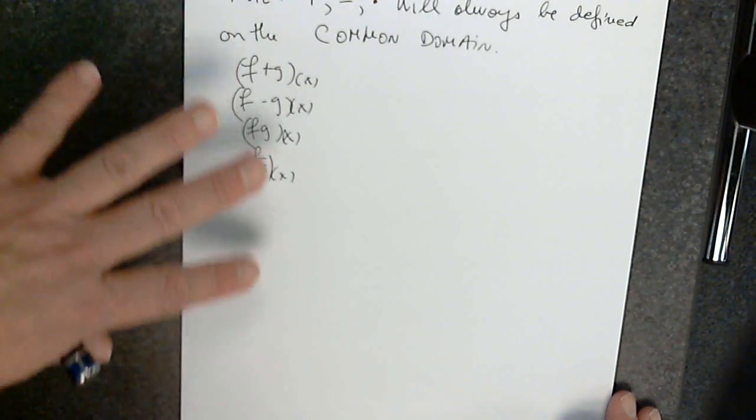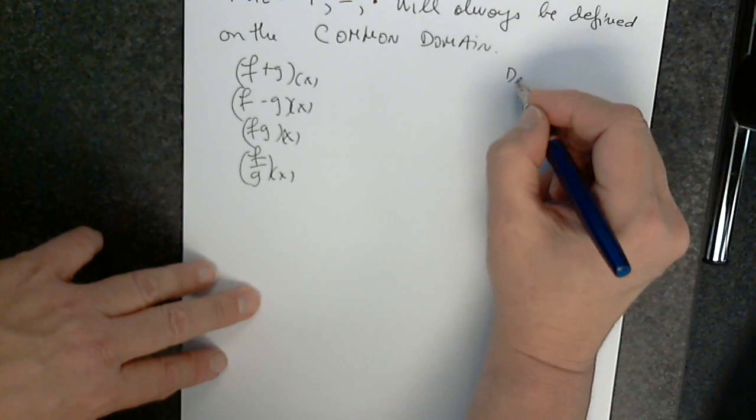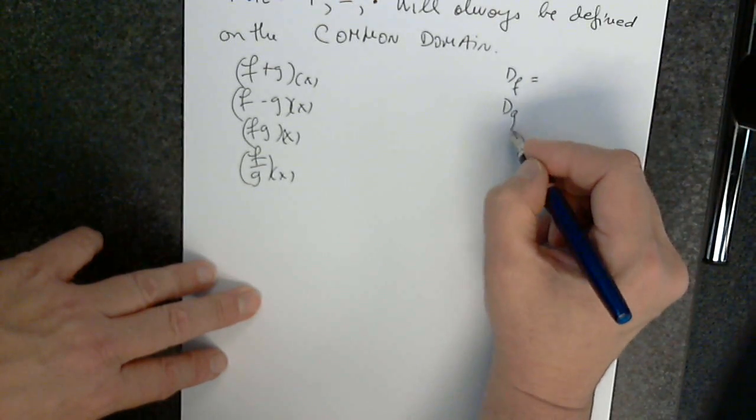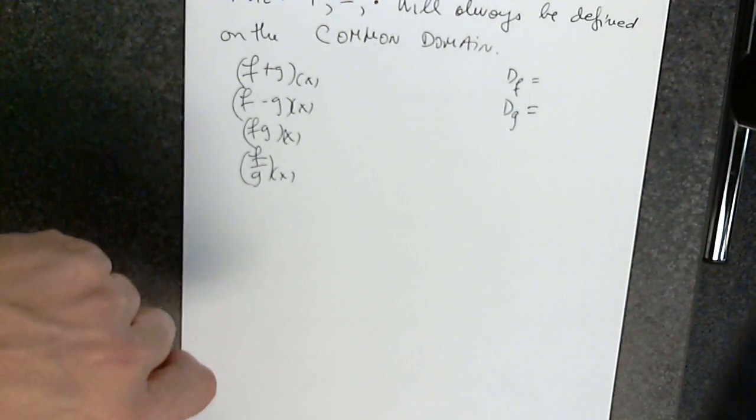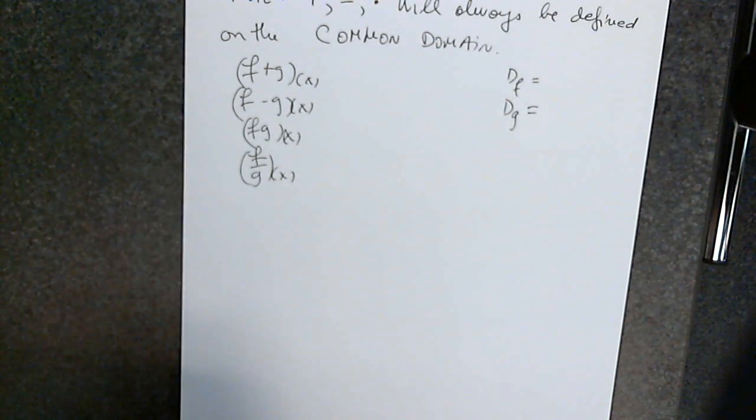Before I attempt to write these functions, I will find the domain of f. Can anyone give us the domain of f and the domain of g? What is the domain of f and what is the domain of g? Is there a ratio? Is there a square root?